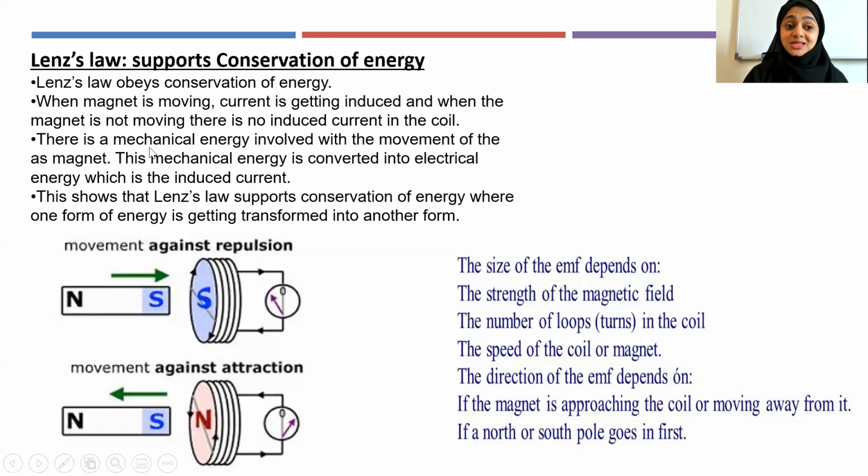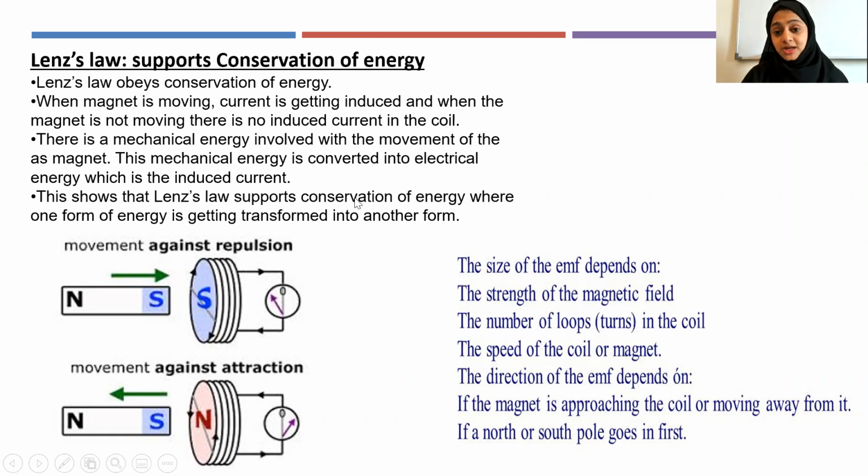Then Lenz's law states that when the magnet is moving, current is getting induced, and when the magnet is not moving, there is no induced current in the coil. So there is mechanical energy involved with the movement of the magnet. In order to move the magnet, we have to give some mechanical energy, and this mechanical energy is converted to electrical energy, which is the induced current.